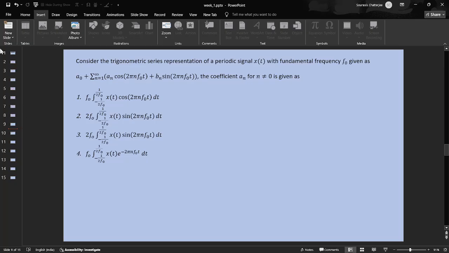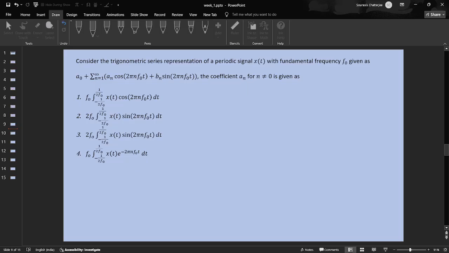This is being pretty much done here. So it is said that a periodic signal x(t) with fundamental frequency f naught is given as this. So what do you think the coefficient an for n not equal to 0 should be given as?